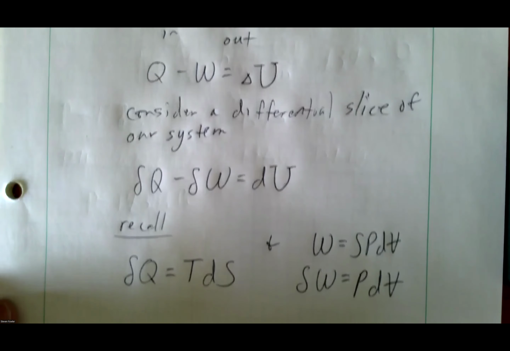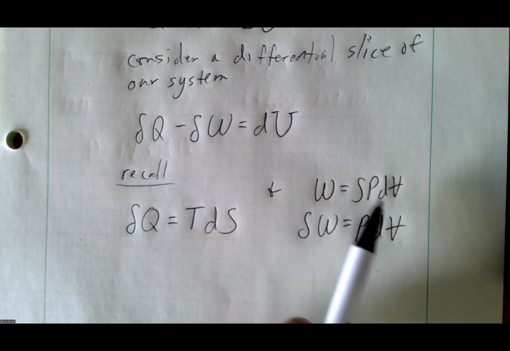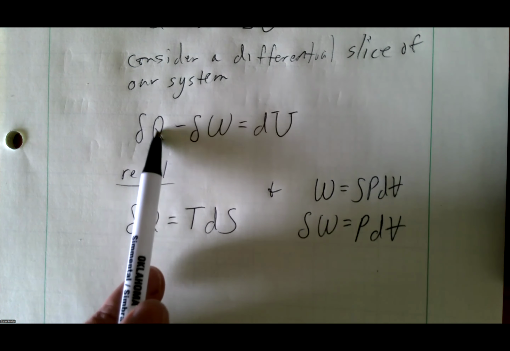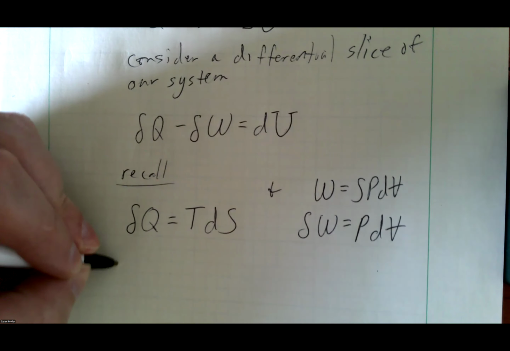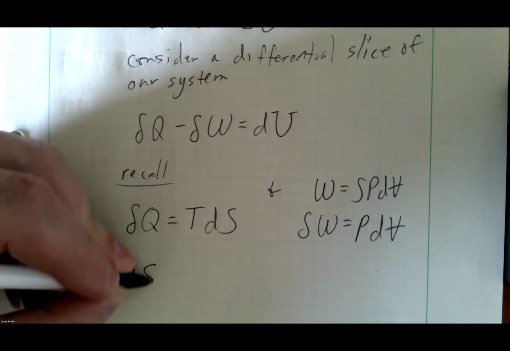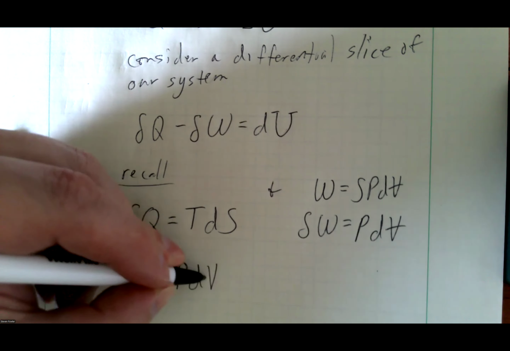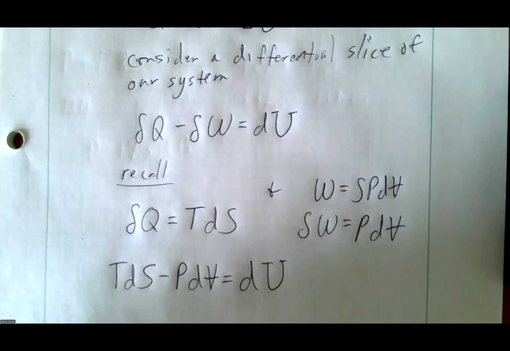That might not be the best way to say that, but hopefully you get the idea, right? If I take the derivative of both sides of this equation, this is what we're left with. So if I plug this in for dq and I plug this in for dw, we get T ds minus P dV is equal to dU.